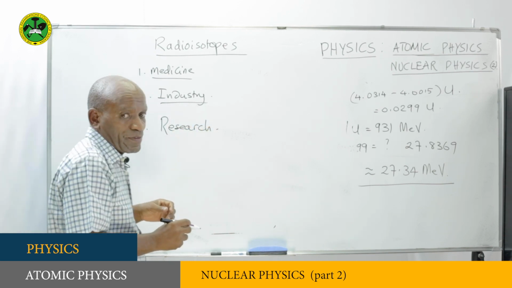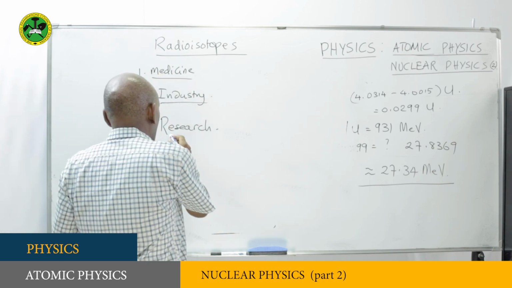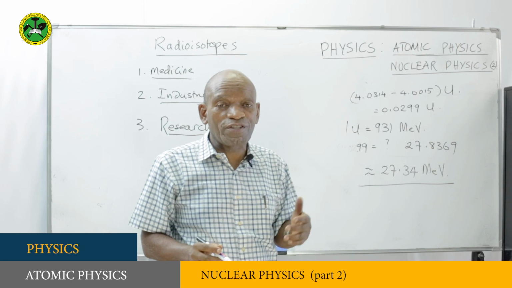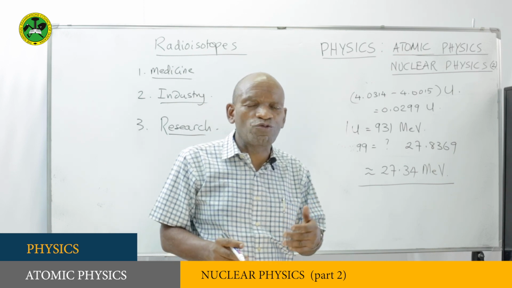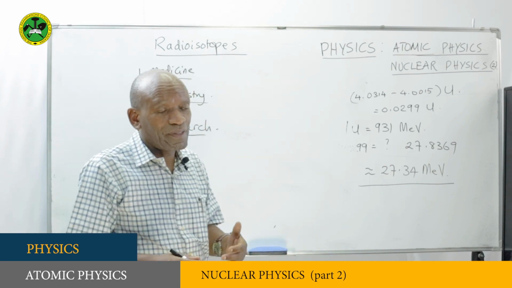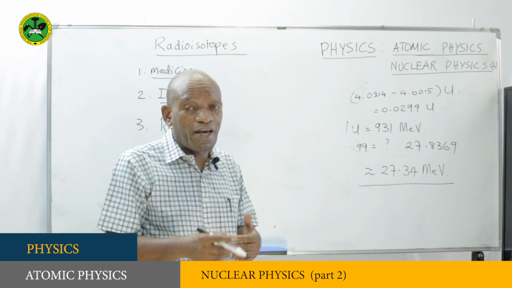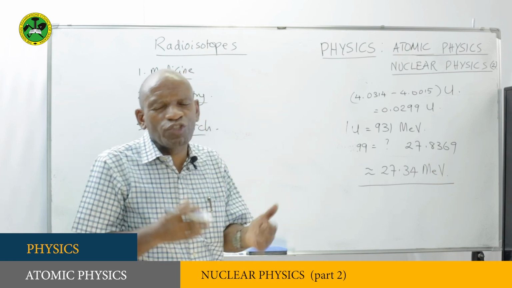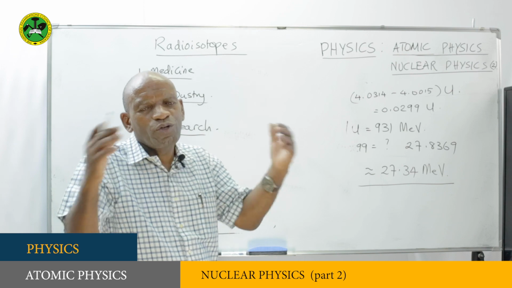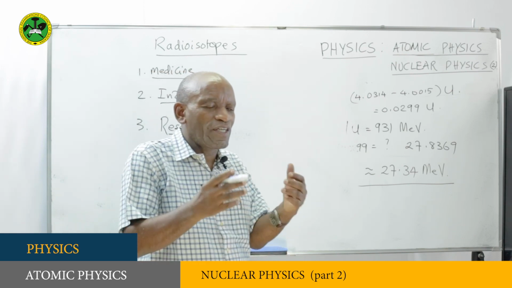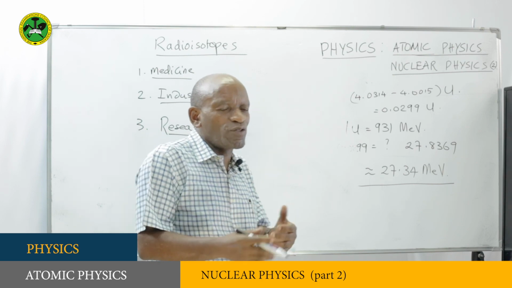Radioisotopes can also be used in research areas. For example, in agriculture, they are widely used when trying to produce good seeds that give good production, let's say seeds for maize or whatever.